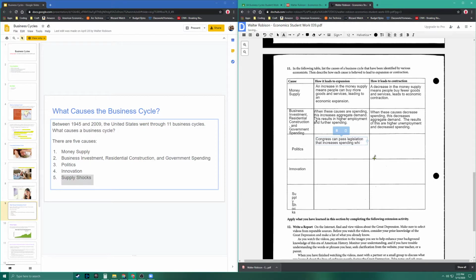Which leads to higher employment and a greater chance for the politicians to get reelected.